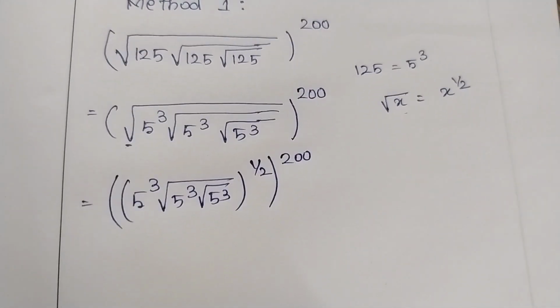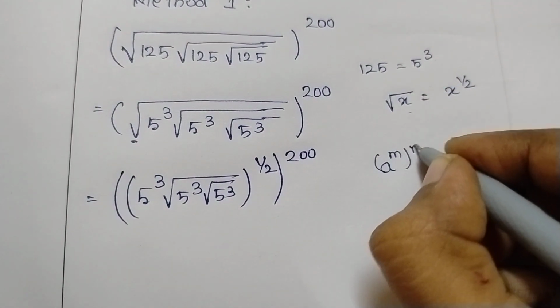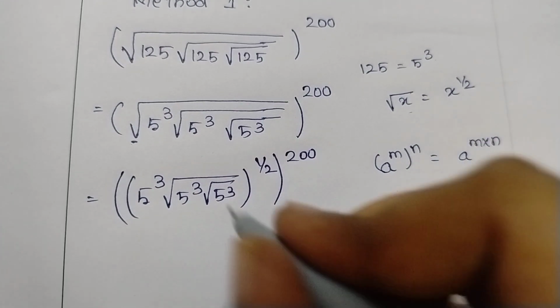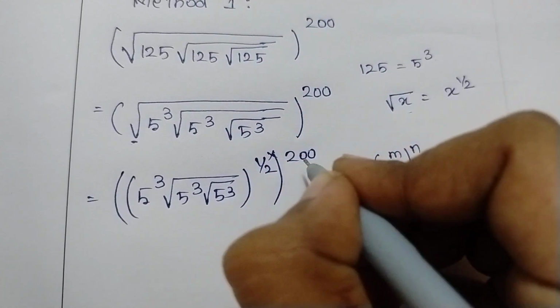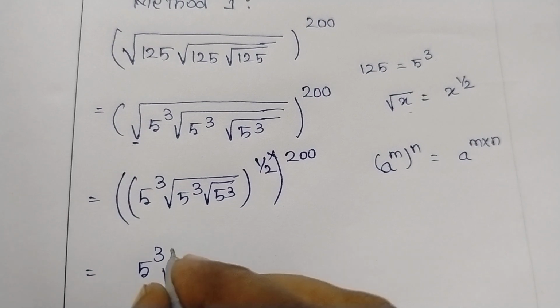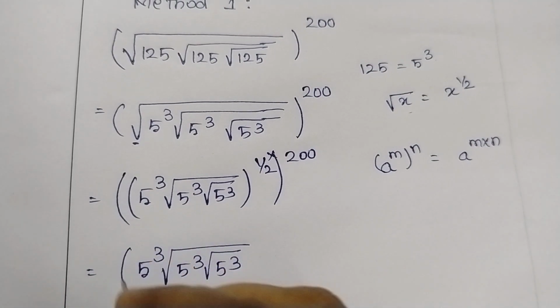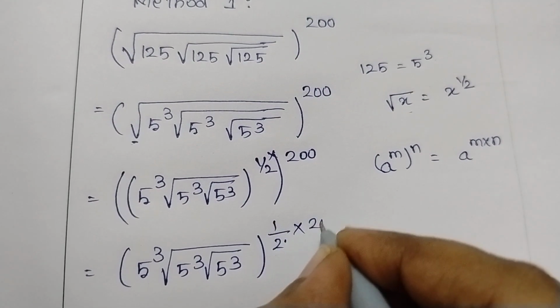We know a rule, that a power m, the whole power n, can also be written as a power m into n. So just apply this rule here. Based on this rule we can multiply these two powers. Therefore this becomes 5 cube, root 5 cube, root 5 cube, the whole power 1 by 2 into 200.